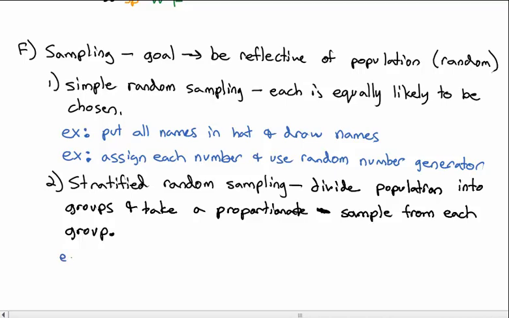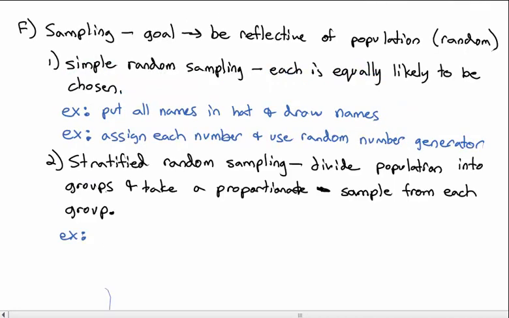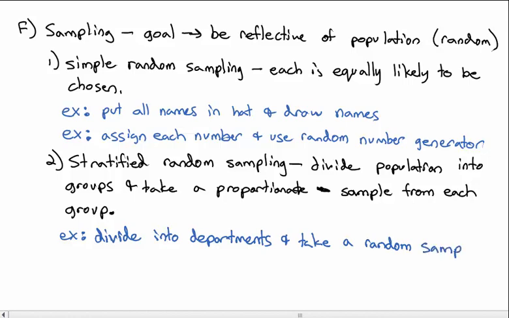So the way this would work is we would maybe divide our faculty into departments, and take a random sample from each department.